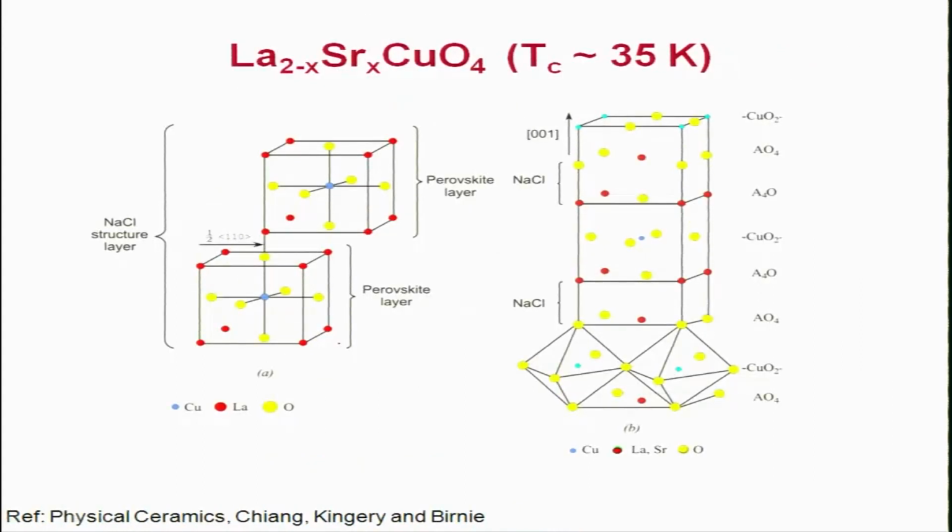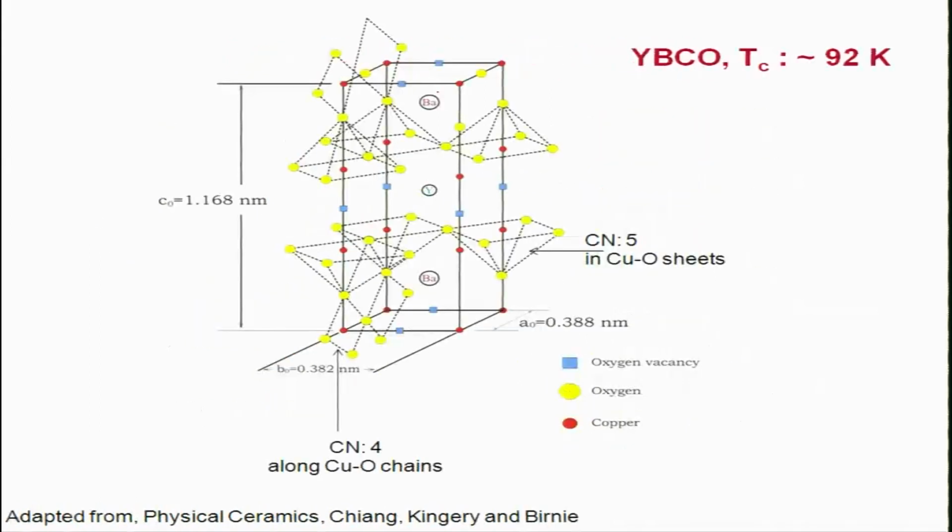The second structure is again a superconducting oxide, which is lanthanum strontium copper oxide. By the way, yttrium barium copper oxide was a superconductor with a transition temperature of 92 Kelvin. This was the first superconductor discovered which had a transition above liquid nitrogen temperature. Most of the superconductors had transitions lower than liquid nitrogen, so if you wanted to use superconductors in any application, you would have to use liquid helium.